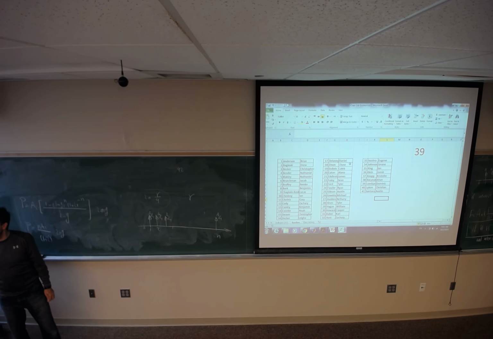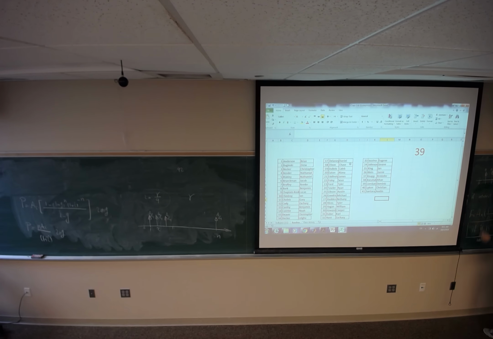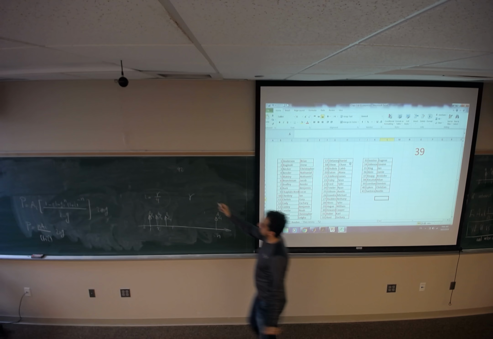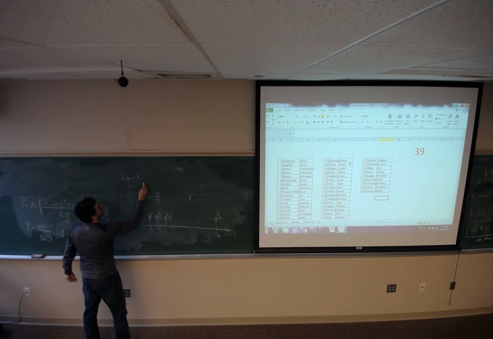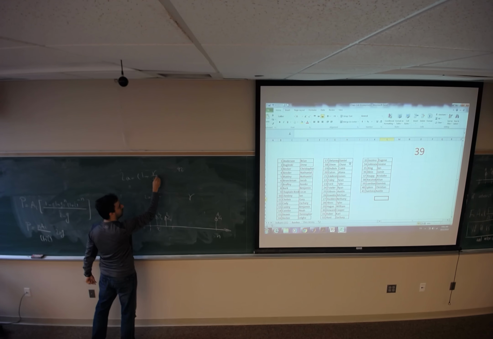We need to find the effective annual interest rate. I know that the interest rate per year nominally is R%, but this is not the effective interest rate. If it was compounded yearly, you could easily use R here, because R divided by 1 is the same. So now I need to find the effective interest rate, which is 1 plus R divided by 4, to the power 4, minus 1.